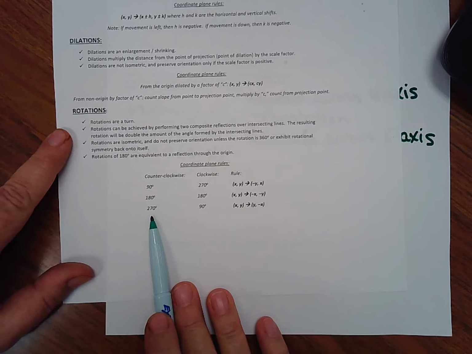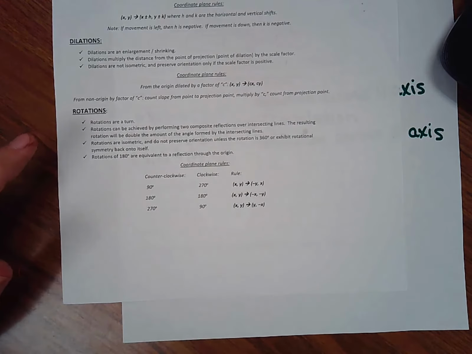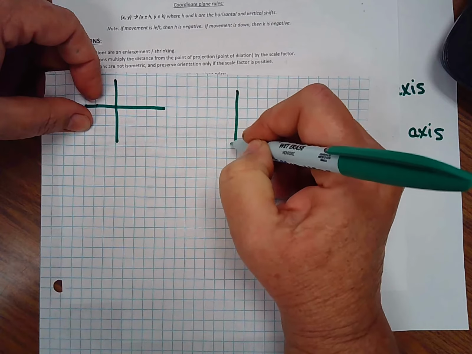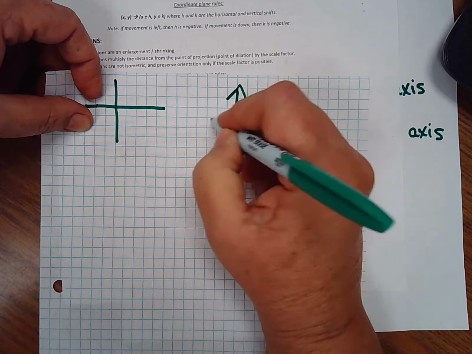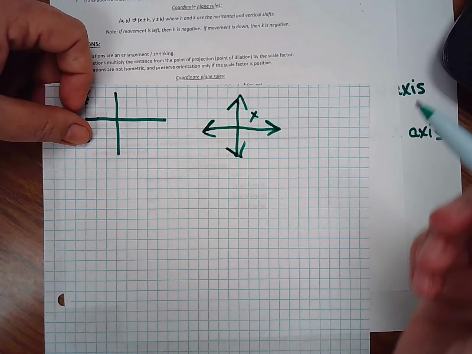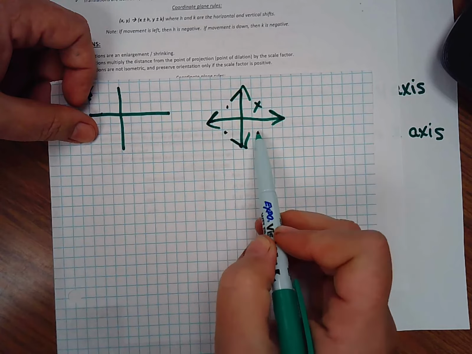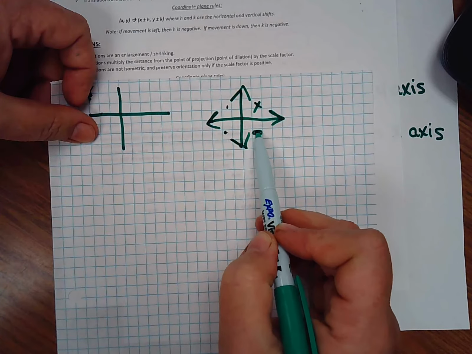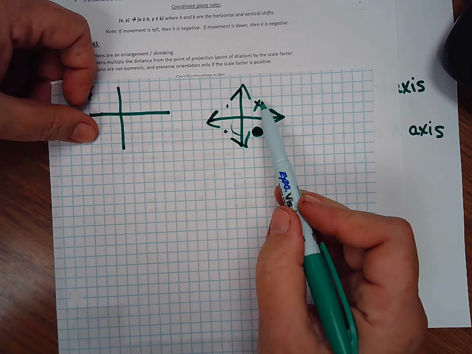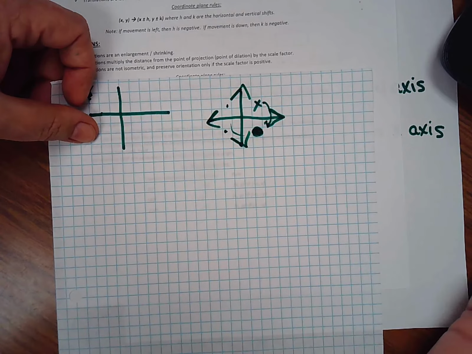Well, you can either go 270 degrees counterclockwise, or you can go 90 degrees clockwise, and you can see that would be the same thing if you look at a graph. If you're right here and you go 90, 180, 270, you would wind up right here. Well, that's counterclockwise, or I could go clockwise 90 and I'd be at the same place.